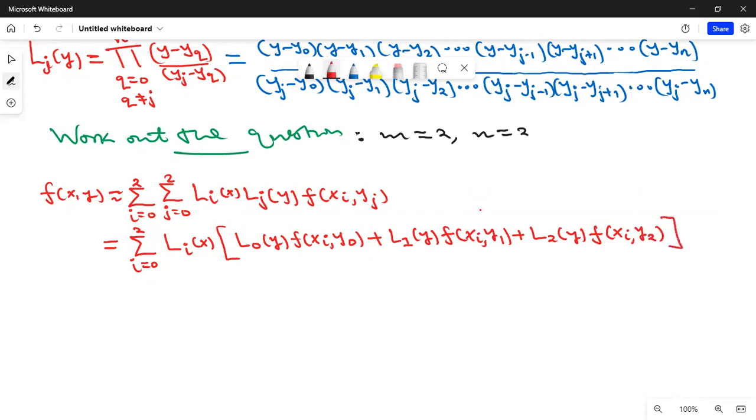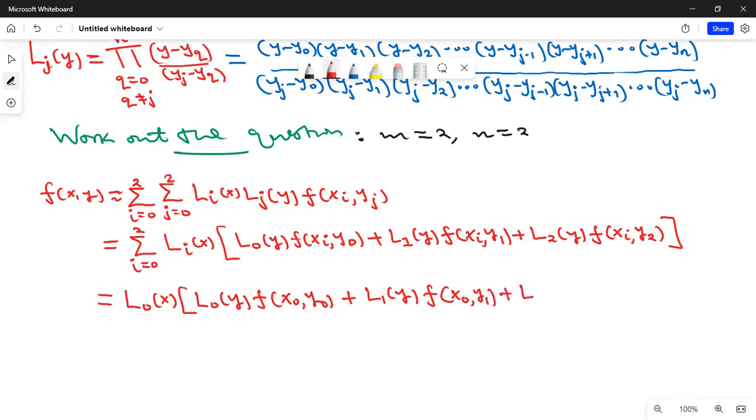Now let's open the outer summation. When i is 0, you get L naught of x times the entire bracket: L naught of y, f of x naught, y naught, plus L1 of y, f of x naught, y1, plus L2 of y times f of x naught, y2.